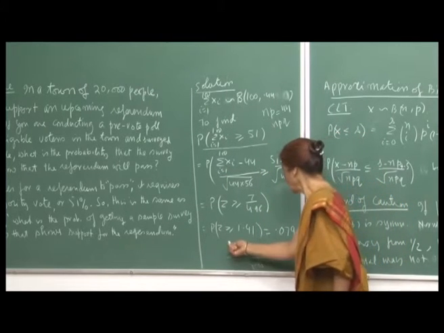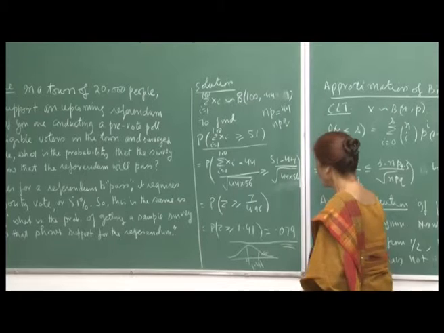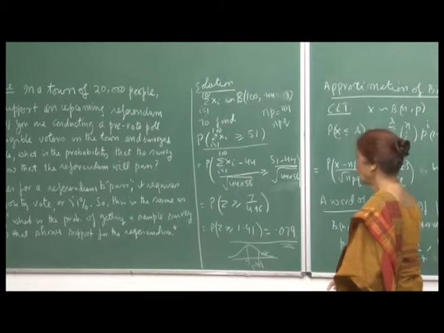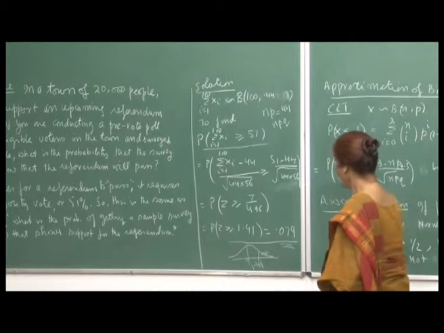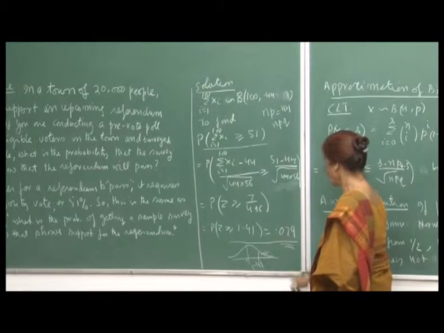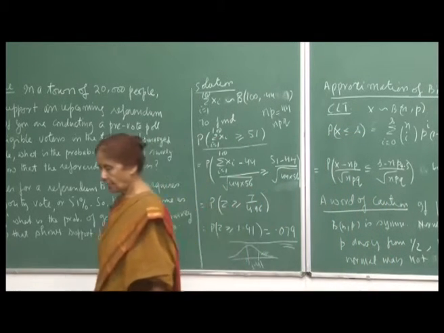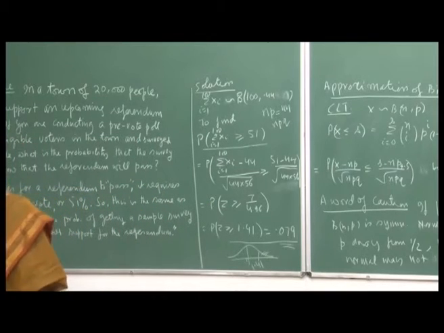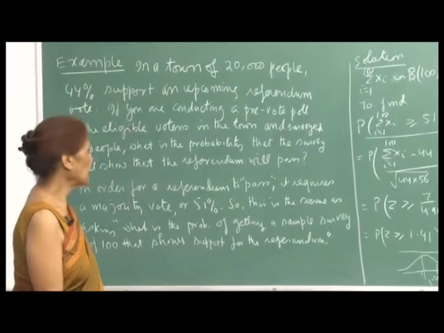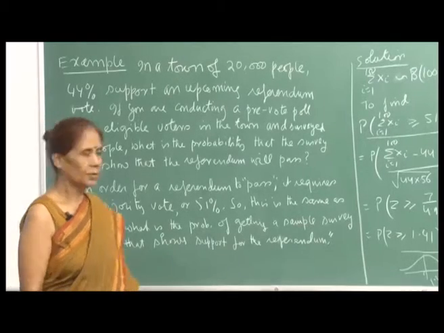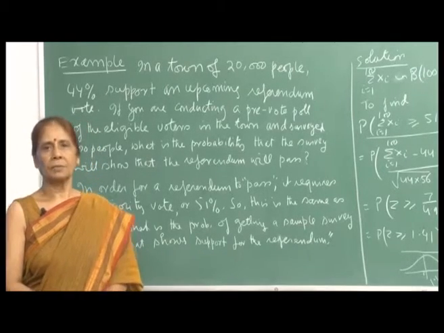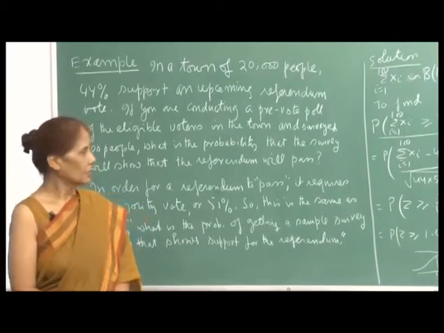Through the central limit theorem you have approximated the required probability, and it turns out to be 0.079. So, when you survey the 100 people and ask whether they support the referendum or not, it shows that the chances are very small.